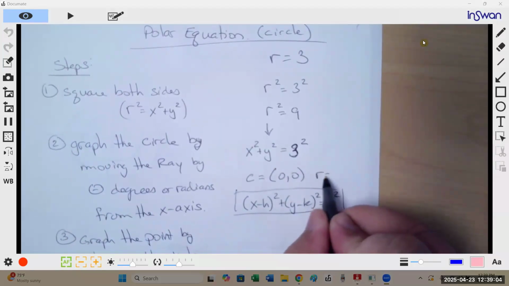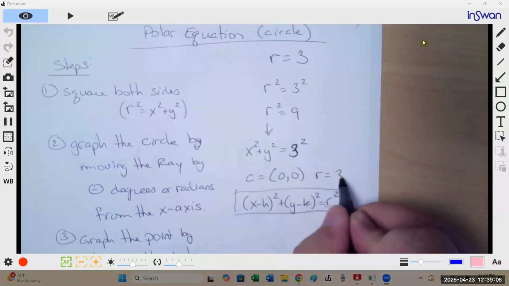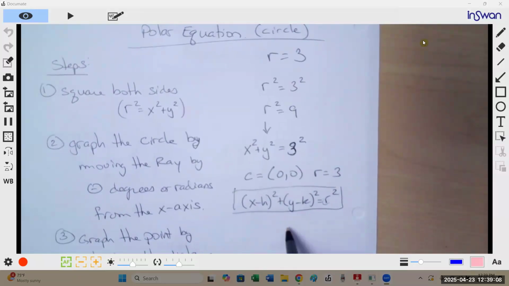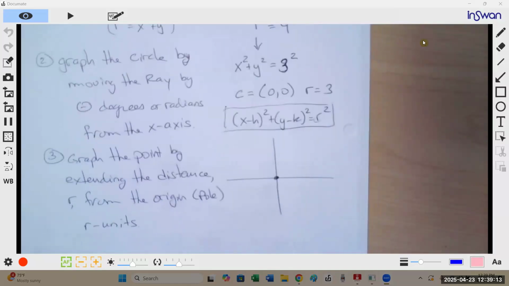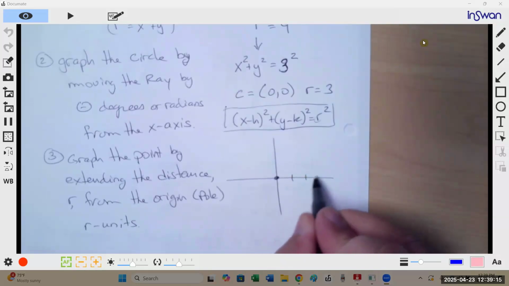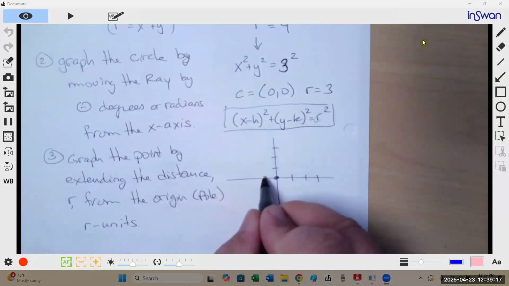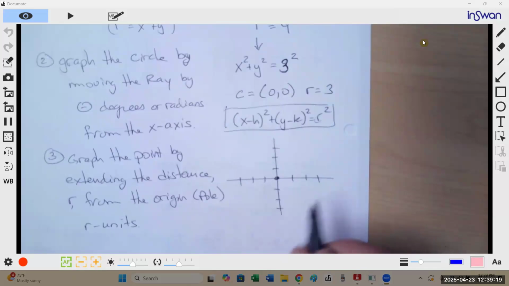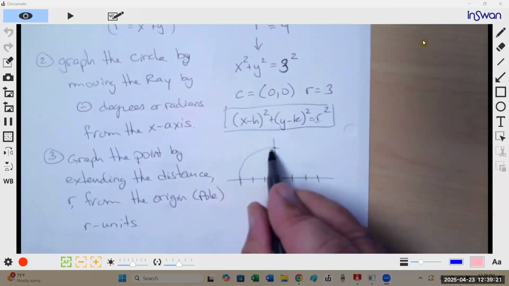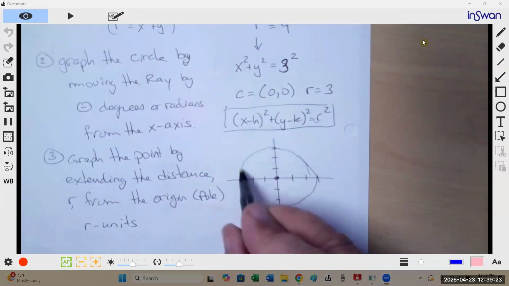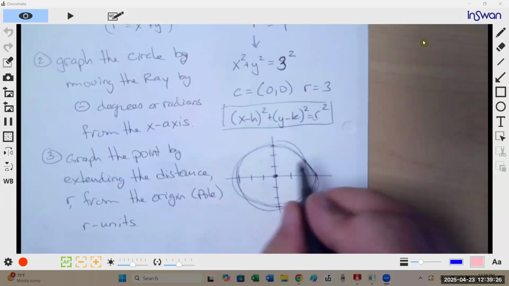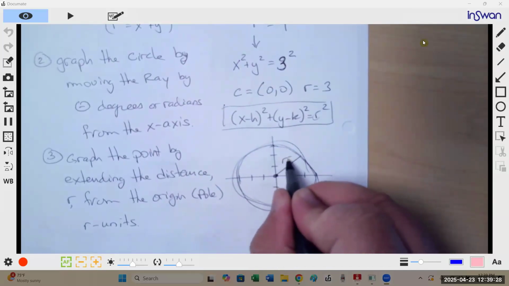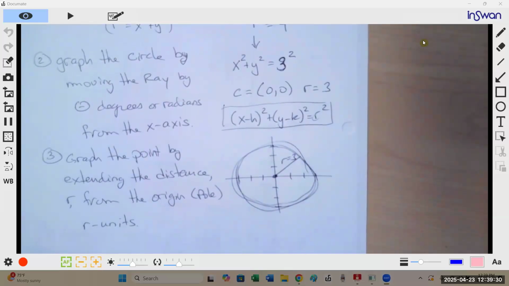And the radius, it's whatever's under the square root, equals 3. So if we graphed this, our center is at the origin, at the pole. We go out 3, all directions from there, and we connect the dots. So there's our graph of radius equals 3.